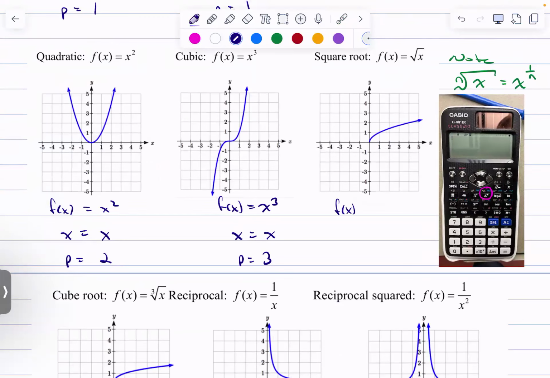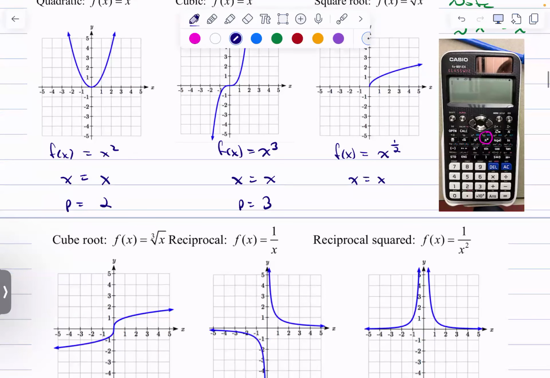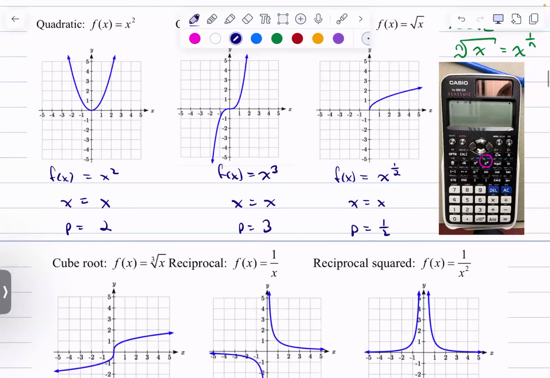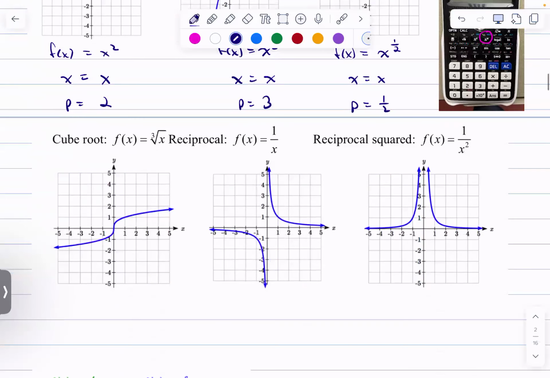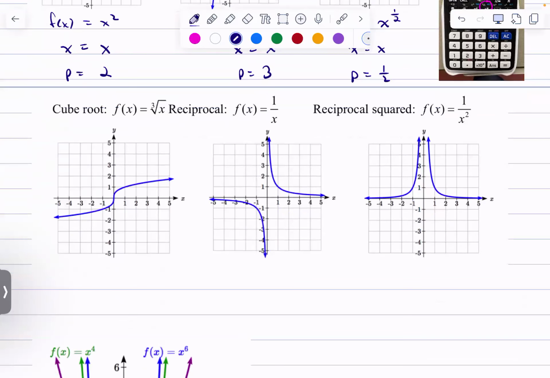So if f of x is x to the 1/2, this is specific to the square root. X is still x, and the p is going to be 1/2. Same deal with the third root of x.